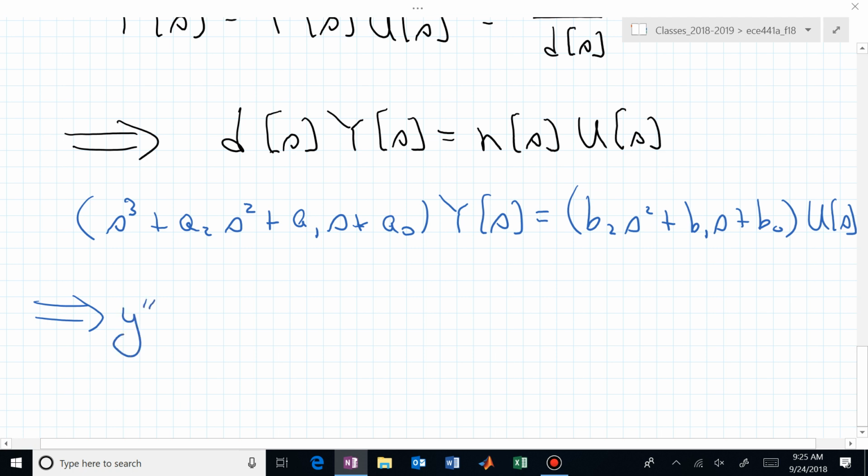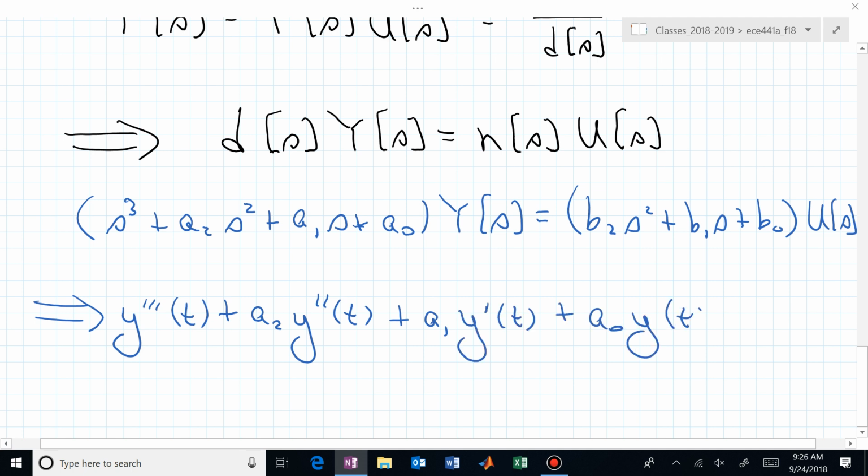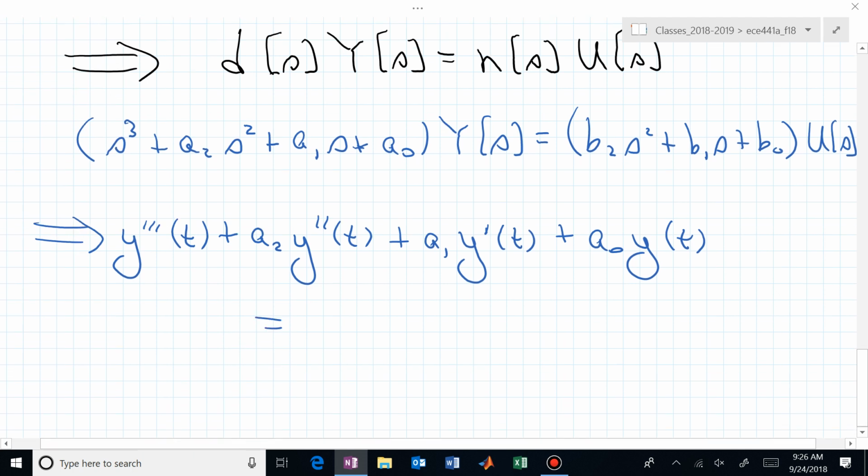We now have y triple prime of t plus a sub 2 y double prime of t plus a1 y prime of t plus a sub 0 y of t equaling b sub 2 u double prime plus b1 u prime plus b sub 0 u of t.